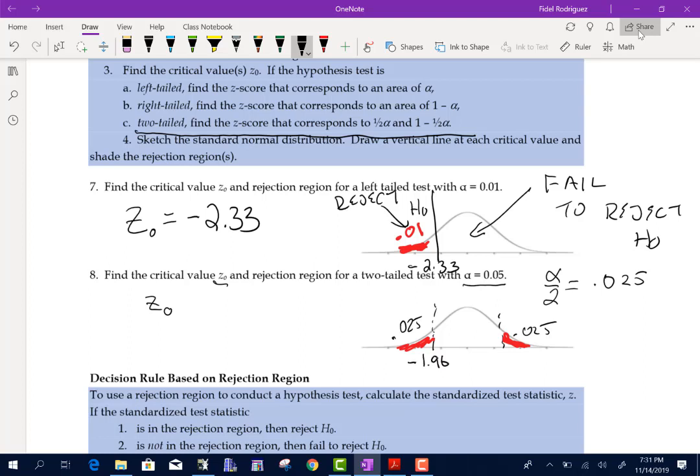What do you think this one would be? Positive 1.96, right? Okay. So guys, just like we did earlier, the piece in the middle, and I'm going to kind of abbreviate just because I don't have a lot of room, failed to reject the null hypothesis. And this area here and this area here are going to be our rejections.